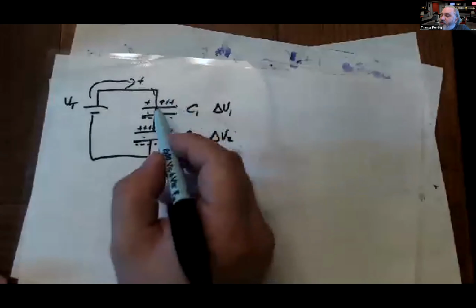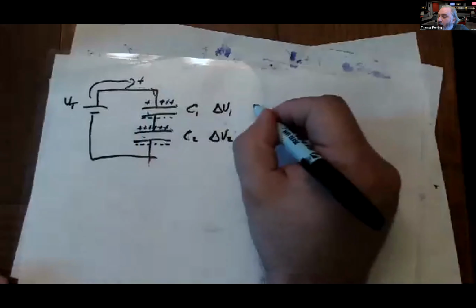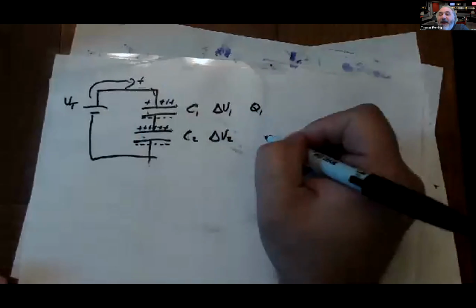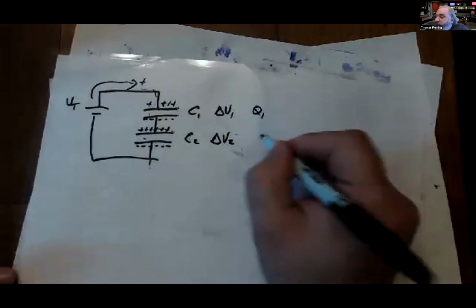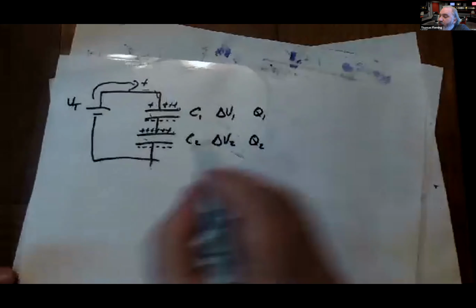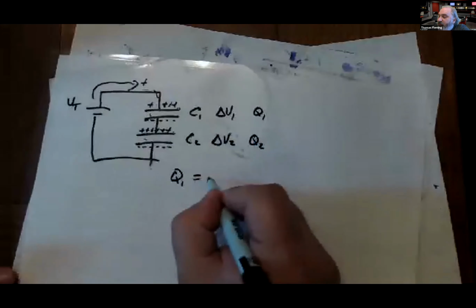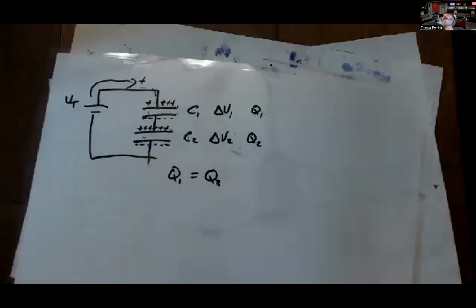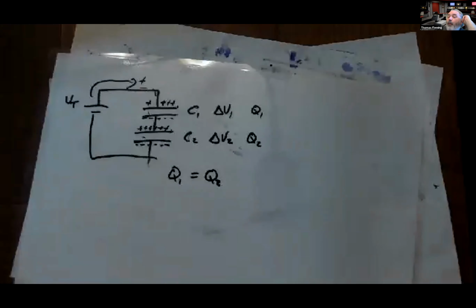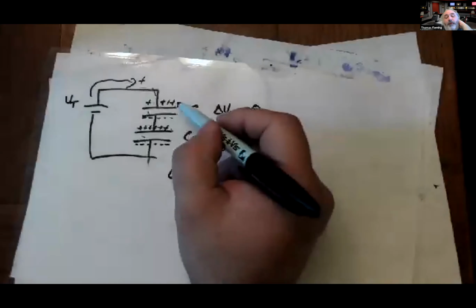That tells me that in this configuration, the charge on that first capacitor, which I'll call Q1, has to be the same as the charge on the second capacitor. So Q1 has to be the same as Q2 because there's no way to get the charge onto the second capacitor without coming from the first capacitor. What's more, where did the charge on the first capacitor come from?